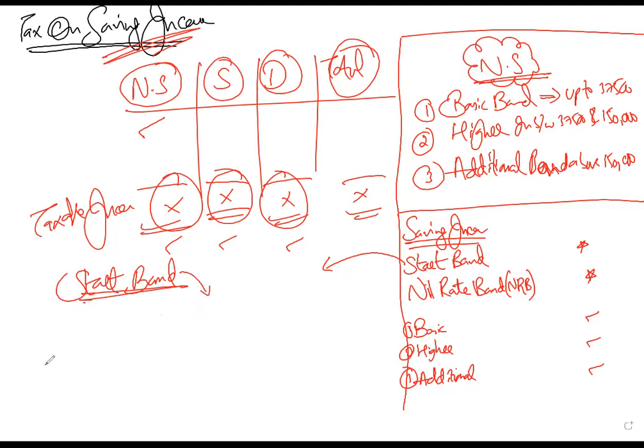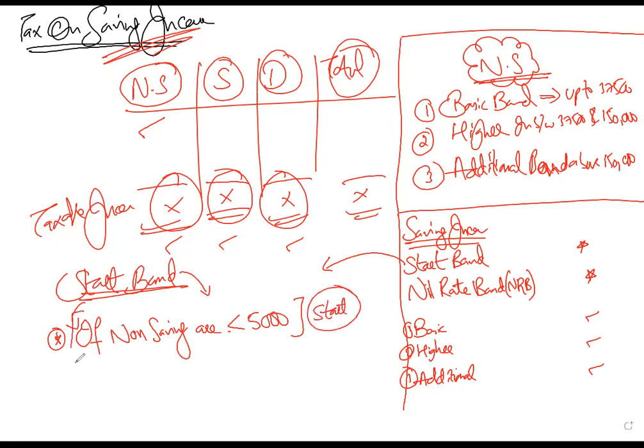First thing is, if non-savings are less than 5,000 pounds, the start band will arise. In order to take the start band into account, you first have to focus on non-savings. I am not mistaken here.